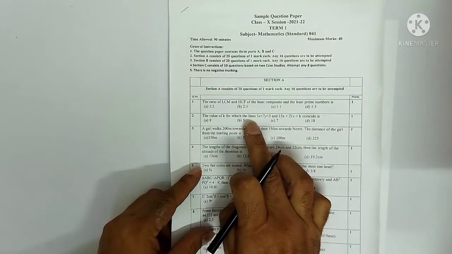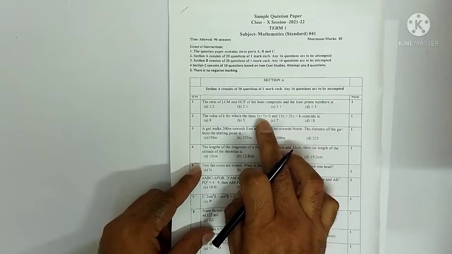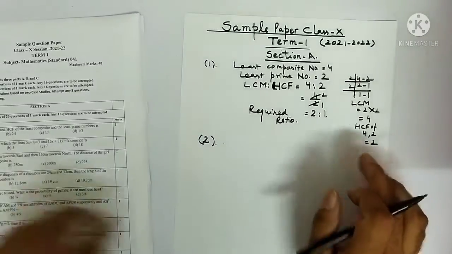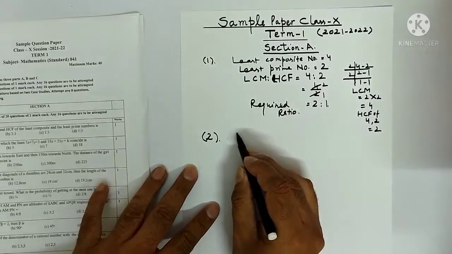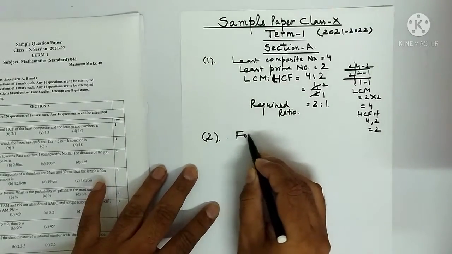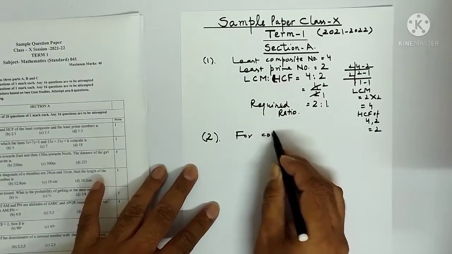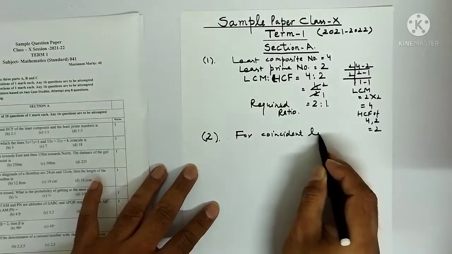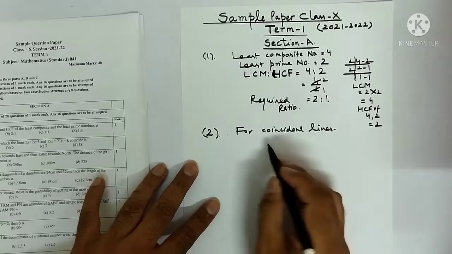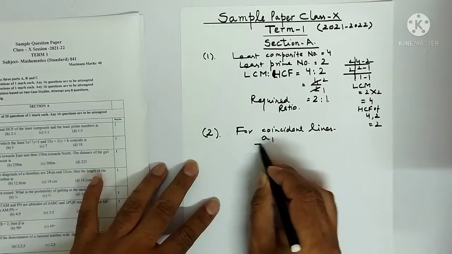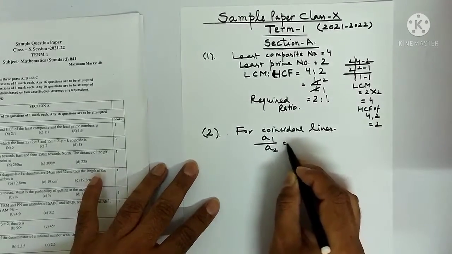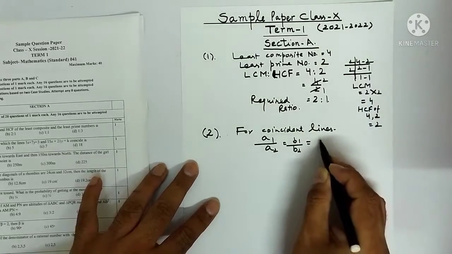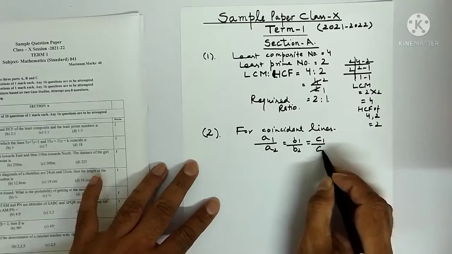Second question. The value of k for which the lines coincide. You know the condition for two coincident lines. For coincident lines, what is the condition? A1 upon A2 is equal to B1 upon B2 is equal to C1 upon C2.